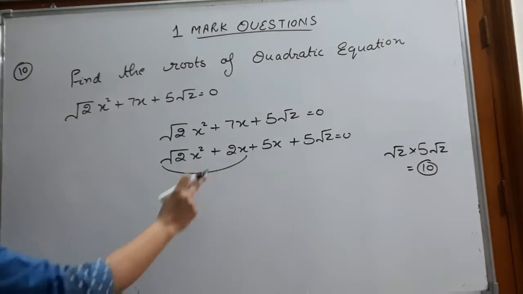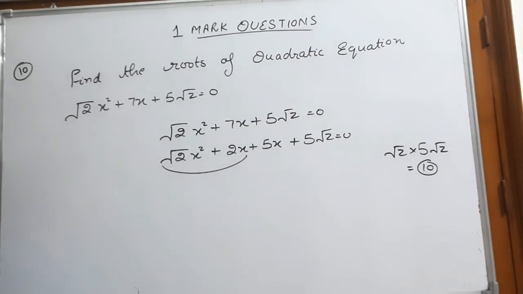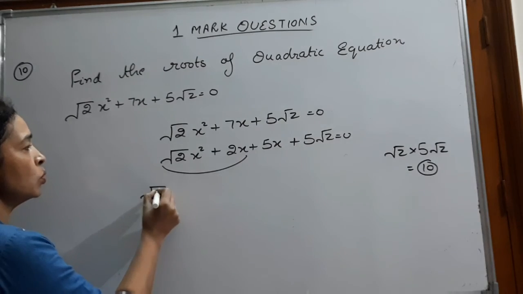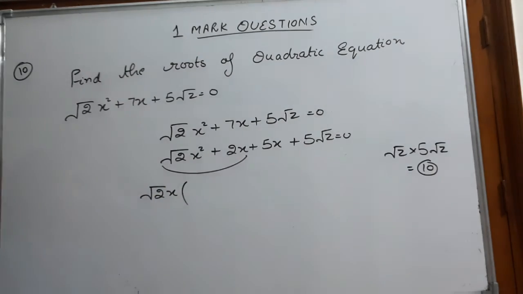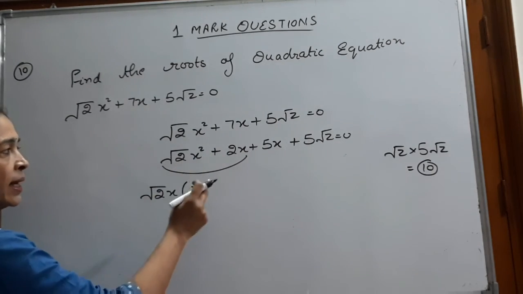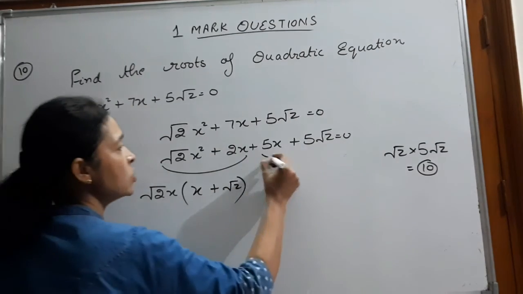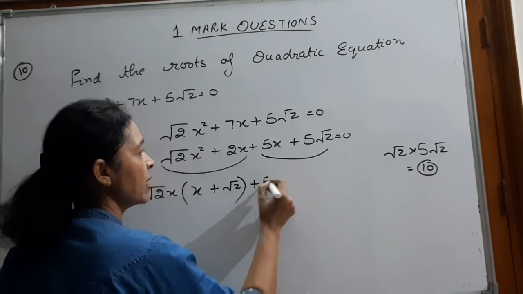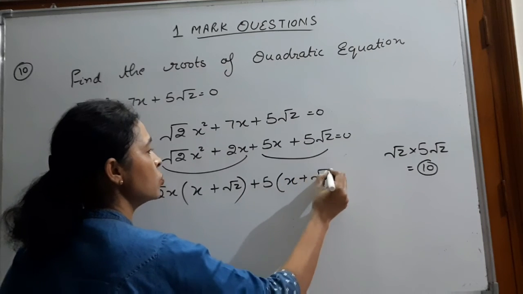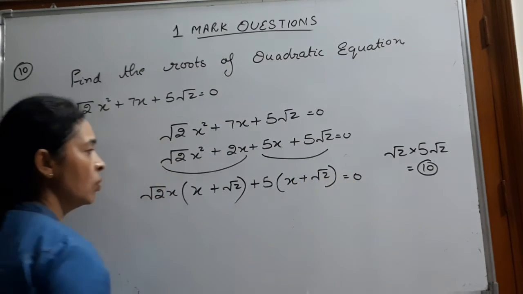What is common in these two terms? 2 can be written as root 2 into root 2. Therefore, root 2 x is common in both terms. What is left here? x plus root 2. In the second two terms, what is common? 5. What is left? x plus root 2 equals 0.